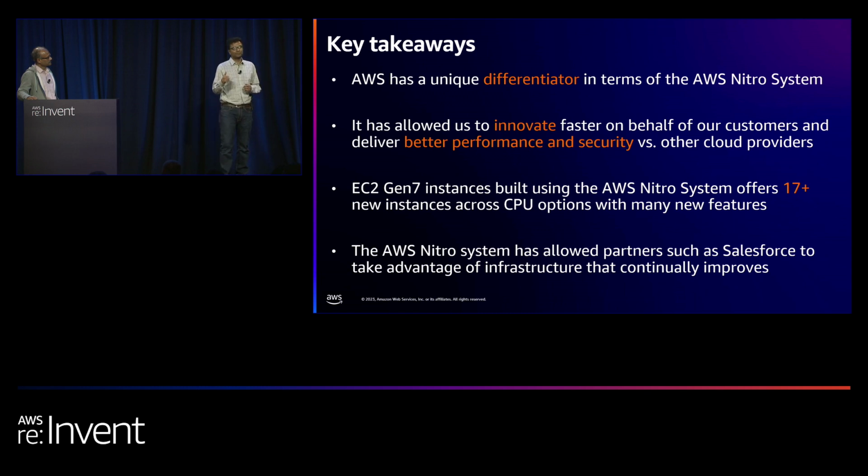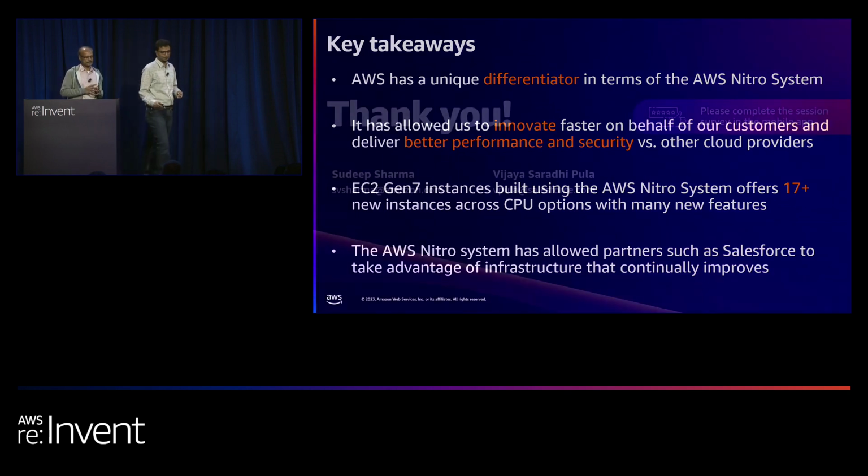We launched the EC2 Gen 7 instances using the Nitro system, and we have been able to launch 17-plus new instances across different CPU options with many new features. And lastly, the AWS Nitro System has allowed partners such as Salesforce to take advantage of infrastructure that continuously improves. So with that, we would like to conclude our presentation.